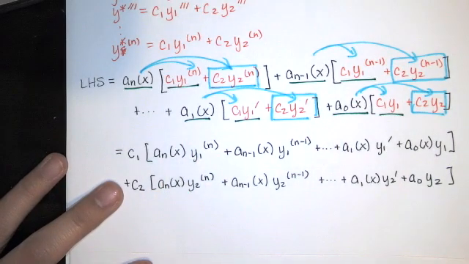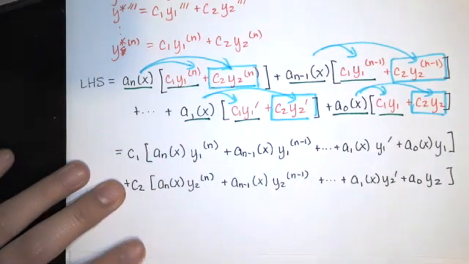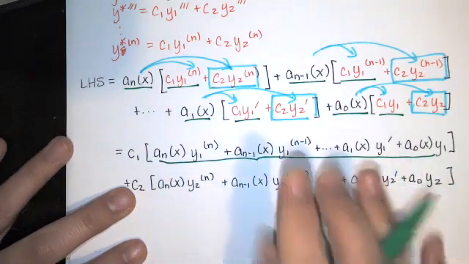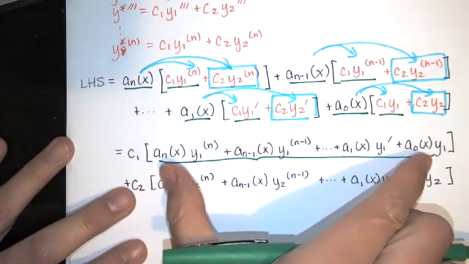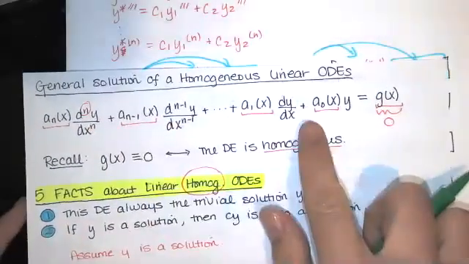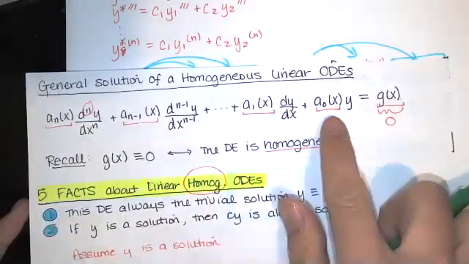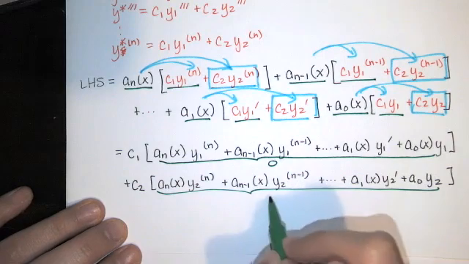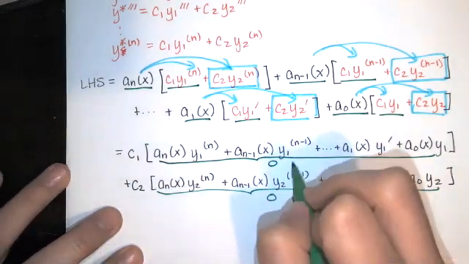And since y1 is a solution, excuse me, it satisfies that differential equation. This is just the left-hand side of the differential equation. Since we're talking about a homogeneous differential equation, when we plug in that solution, we get 0. So this must be 0, and this must be 0, because y2 is also a solution.